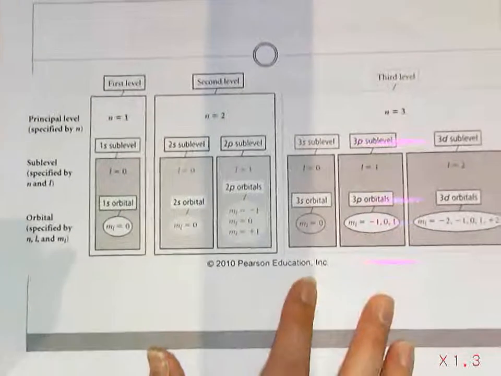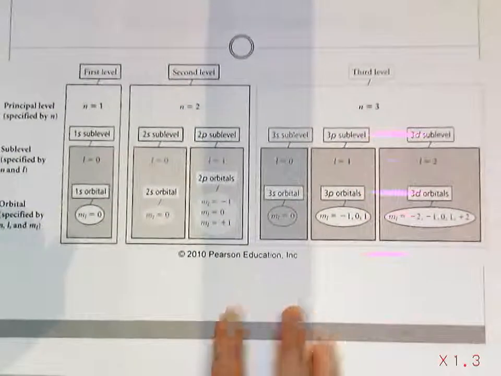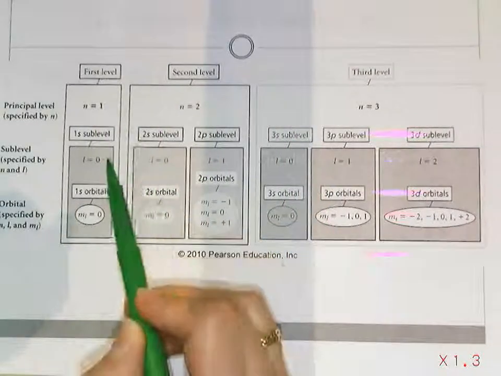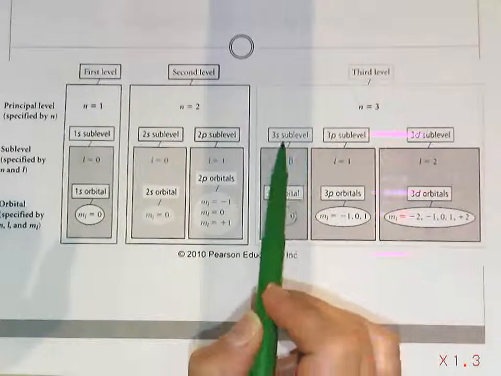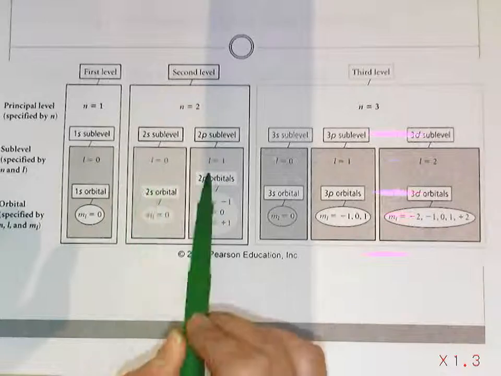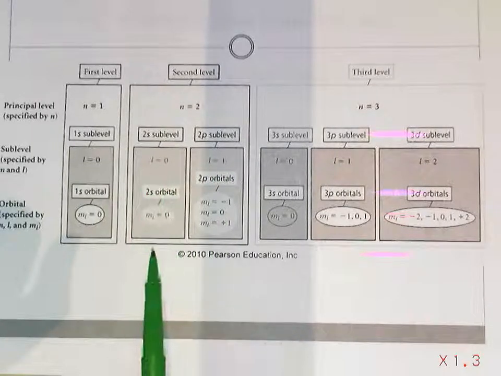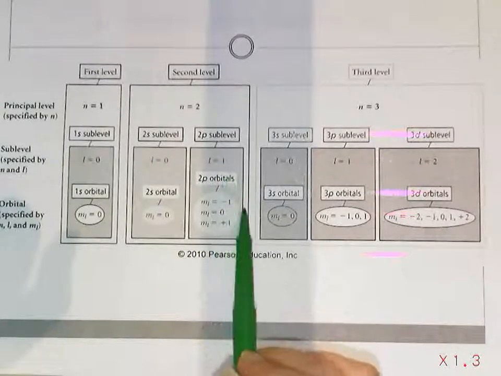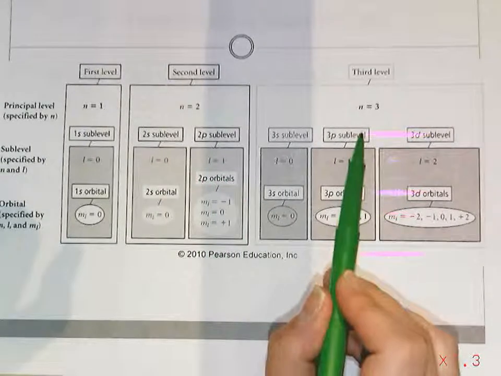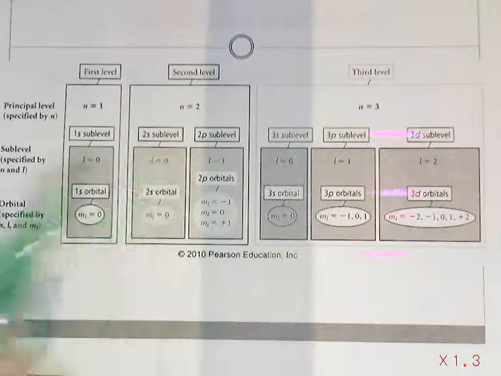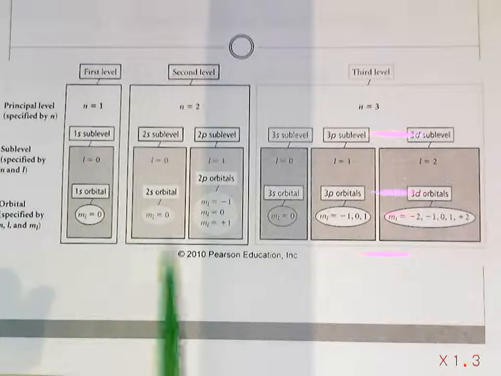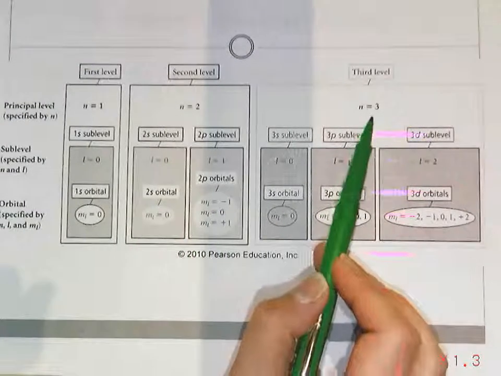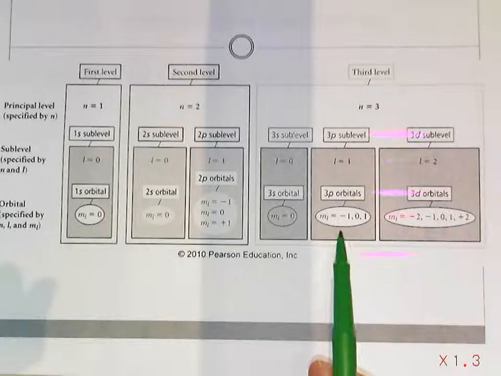You can see there's more space to put electrons because of energy. At the second energy level, I can now have 4 subshells, and I can see a triple, with more energy.